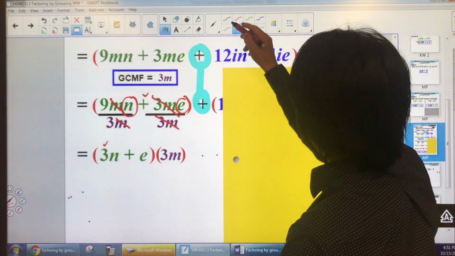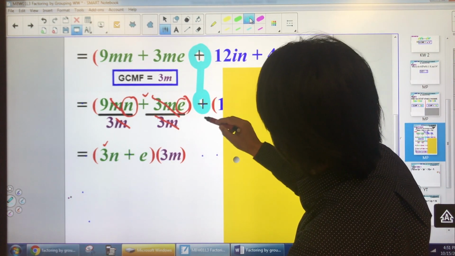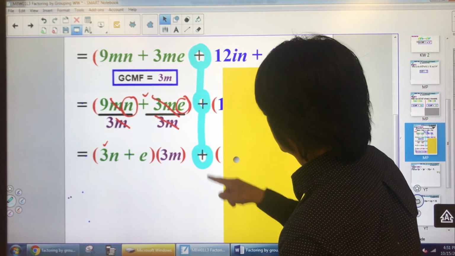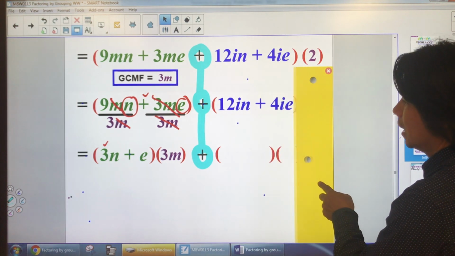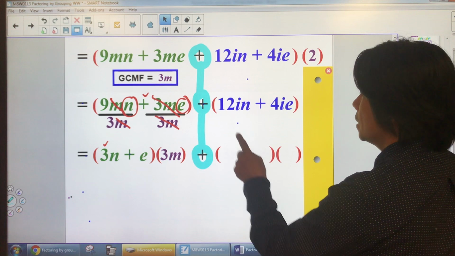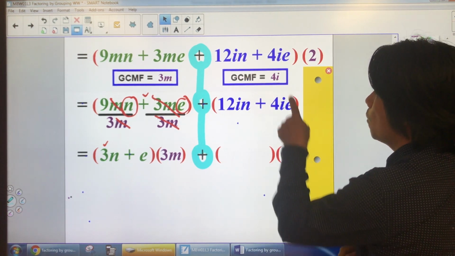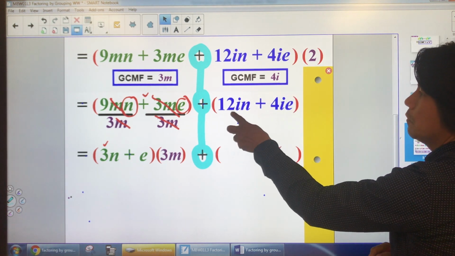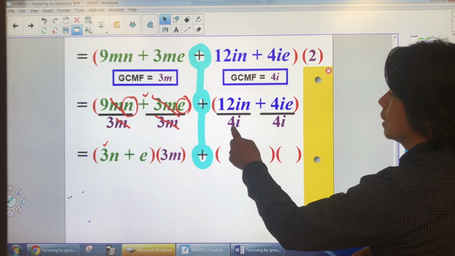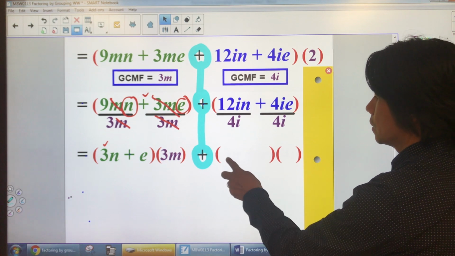Plus, again, we bring this down, plus, and another set of parentheses. So we remember the GCMF is 4i, right? We divide this by 4i. So 12in divided by 4i. 12 divided by 4, that's 3.